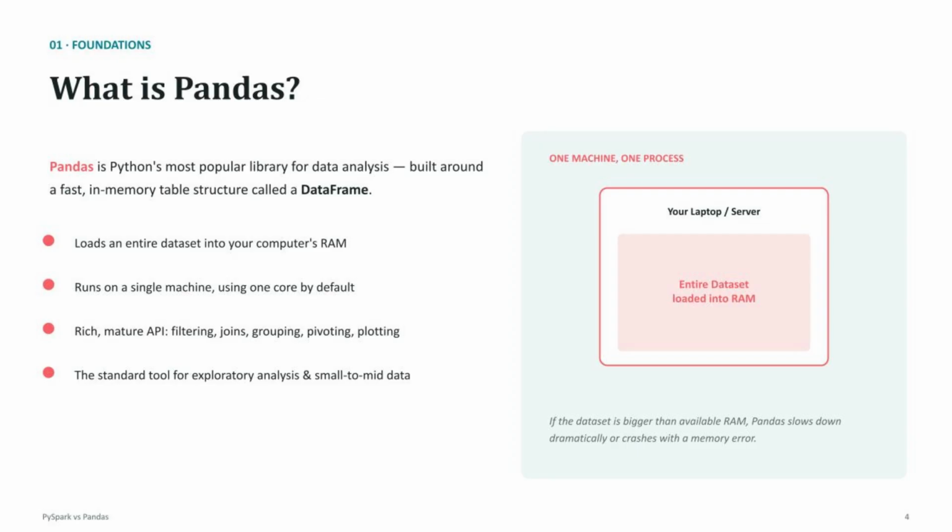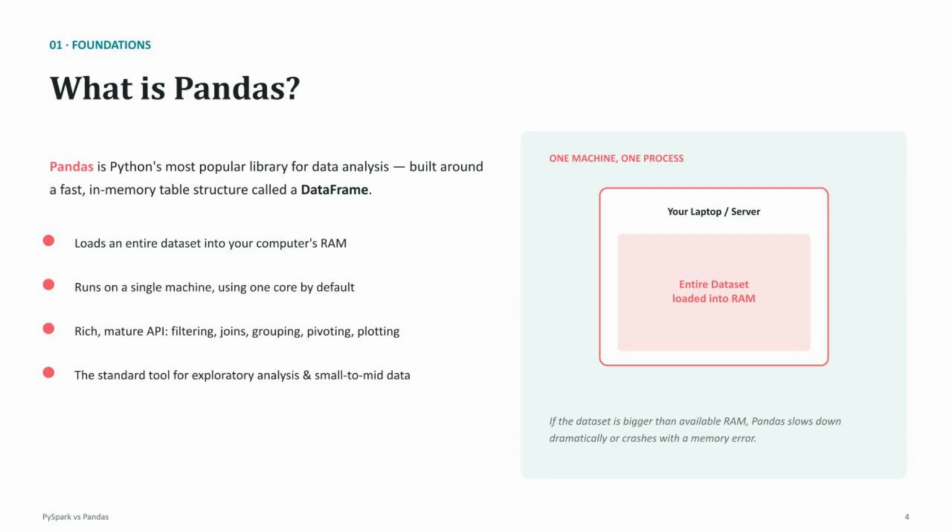When you load a CSV file with pd.read_csv, the entire file gets pulled into RAM before you can do anything with it. That's exactly why Pandas is so fast for small and medium datasets. There's no coordination overhead, no network calls between machines, just your computer doing the work directly in memory.